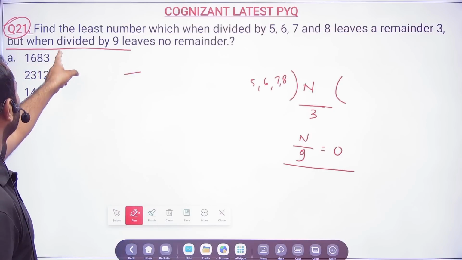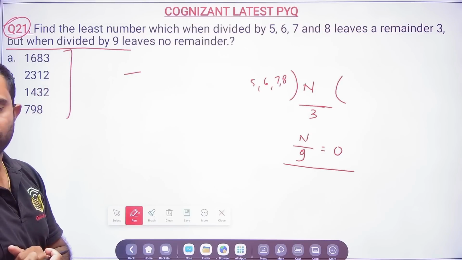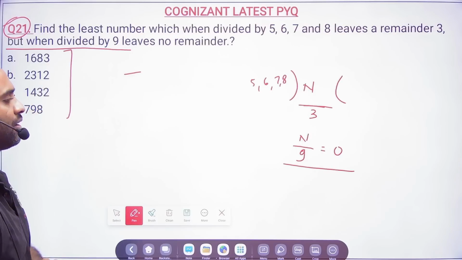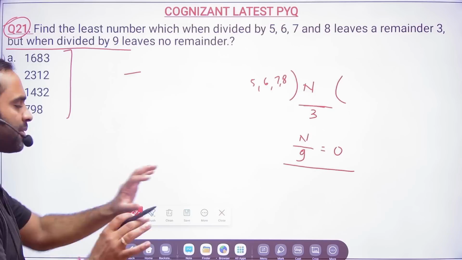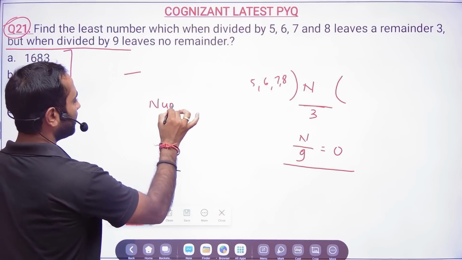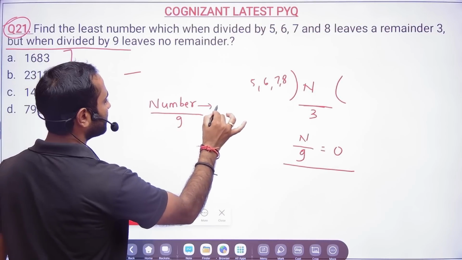Now you find out which number it is. When you divide by 9, you will not get any remainder, which means it is completely divisible by 9. If a number is divisible by 9, then the sum of its digits should also be divisible by 9.